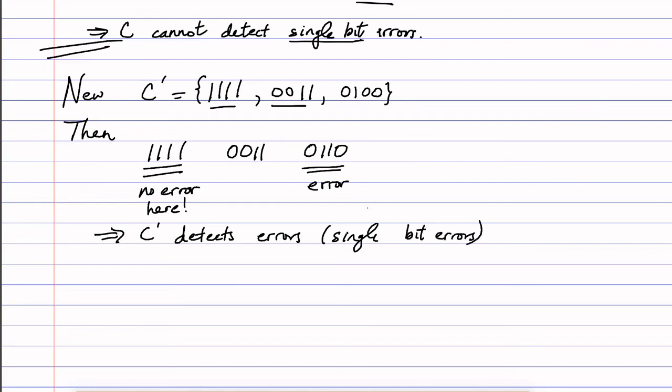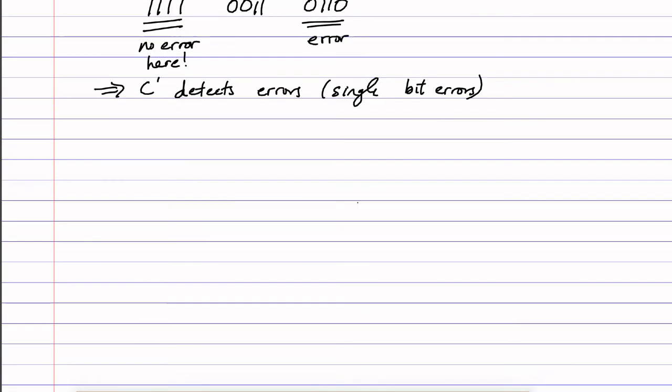Okay, now let's make formal what it is about this code C prime versus C that allowed us to find that error. How do we know that an error happened and what was the reasoning behind it? Before I can say anything formal, I have to introduce some notation. If S and T are binary strings of the same length, then I want to use d(S,T) to be the number of different bits.